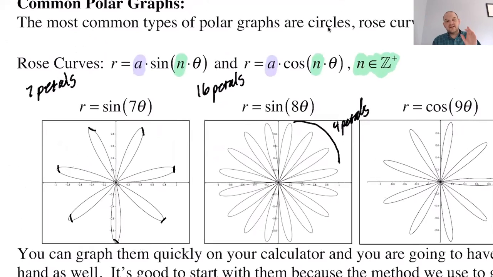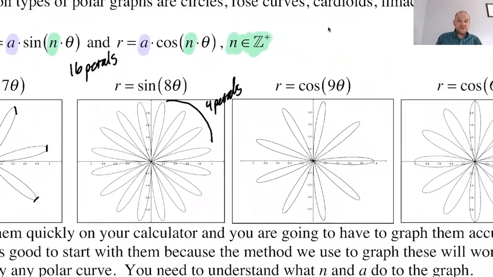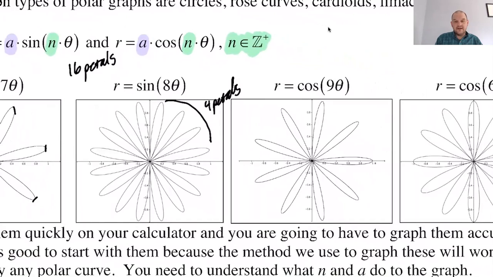Maybe it's the case that odd numbers will give us an odd number of petals. Like if you have 2n plus 1 as the coefficient of theta, it looks like maybe you get 2n plus 1 petals. It kind of looks like if you have an even number, you get double that number of petals, maybe. Also, this is sine, no petal on the x-axis.